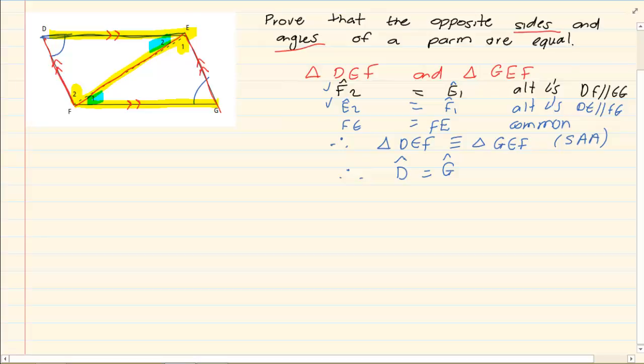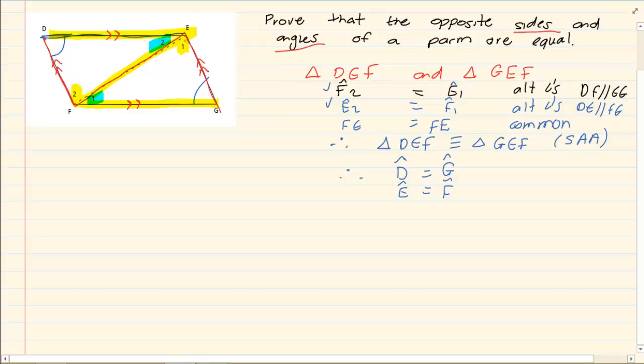But also, if you look, that would mean if E1 was equal to F2 and E2 was equal to F1, then I can say that angle E is equal to angle F. Okay, now from the congruency, we've now proven that the three angles are equal.